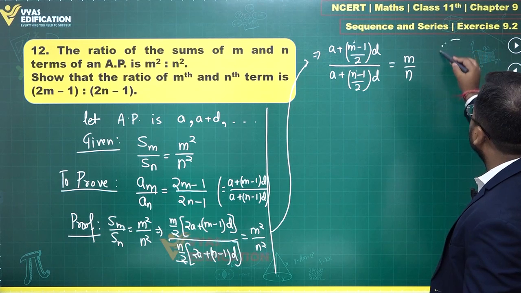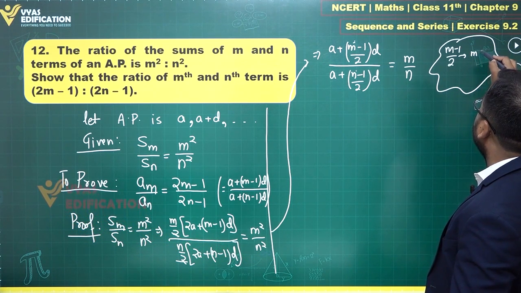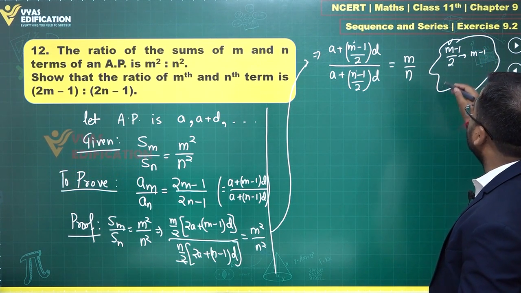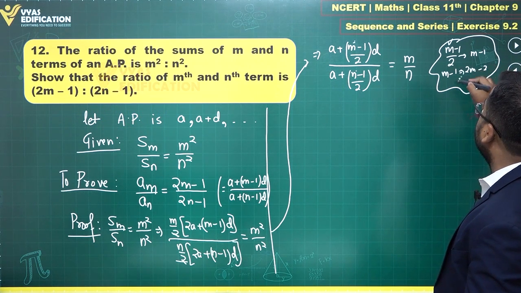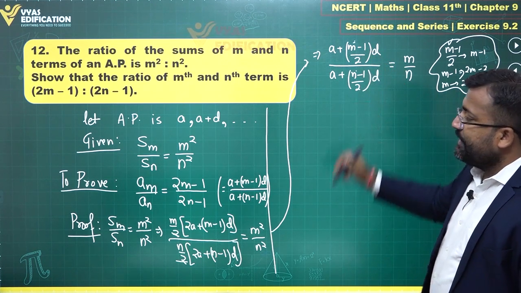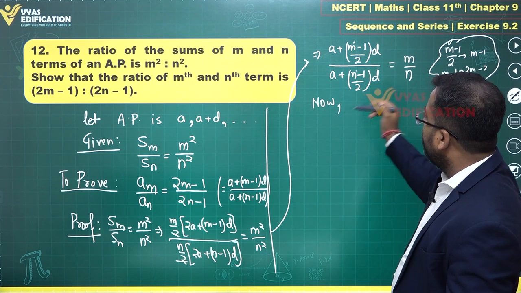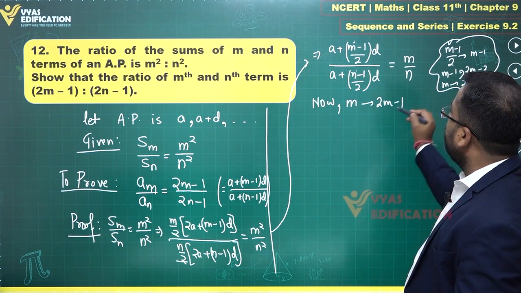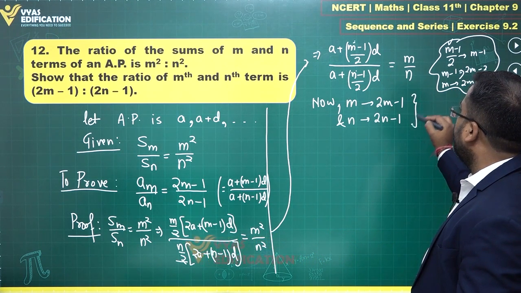So we do this calculation in the rough. (m minus 1)/2 has to be replaced with m minus 1. So this m over here is a question mark. This m minus 1 will be 2m minus 2 and will be replaced with this. M will be replaced with 2m minus 1. Once you have done that calculation, m is replaced with 2m minus 1 and n is replaced with 2n minus 1.